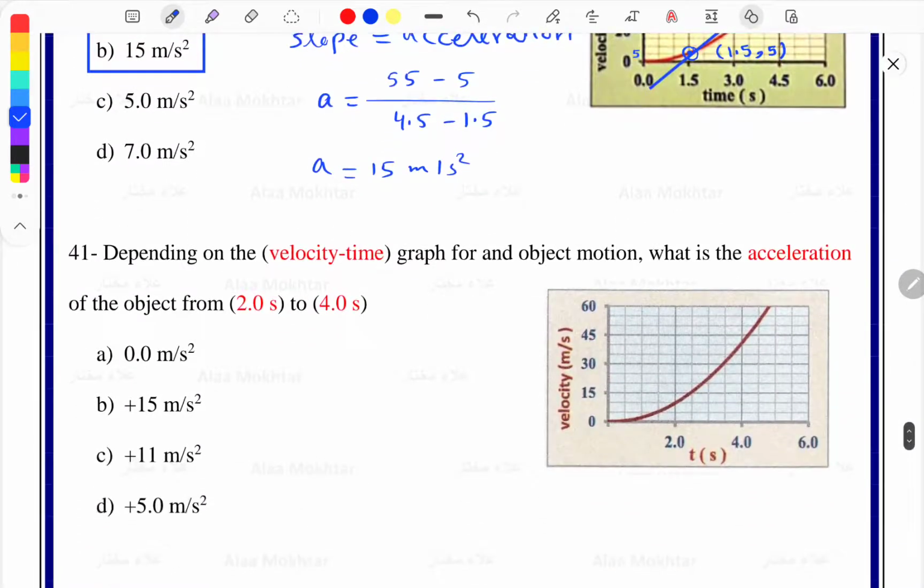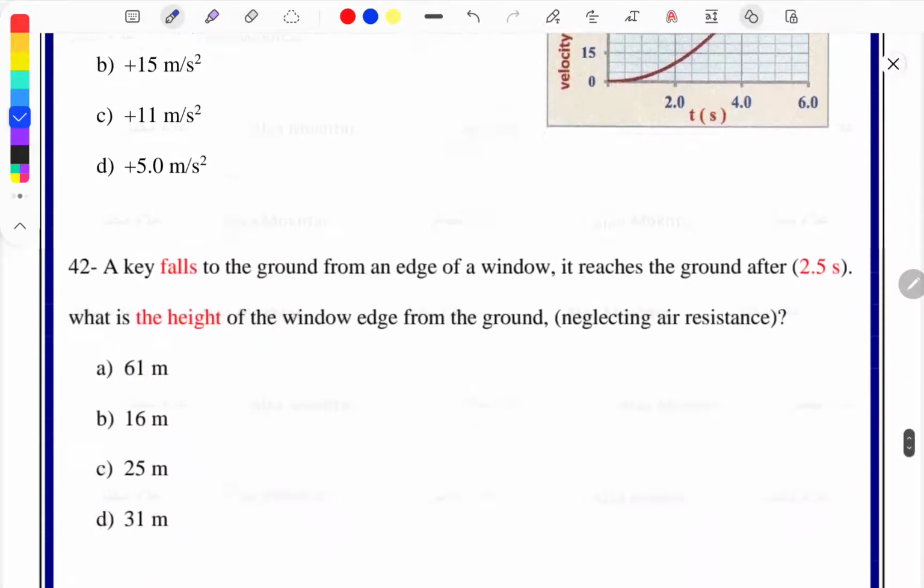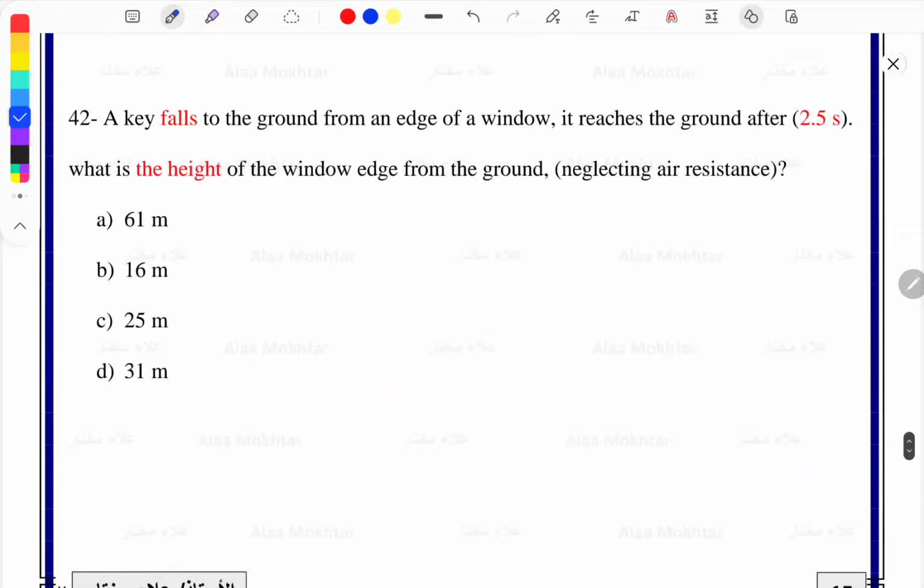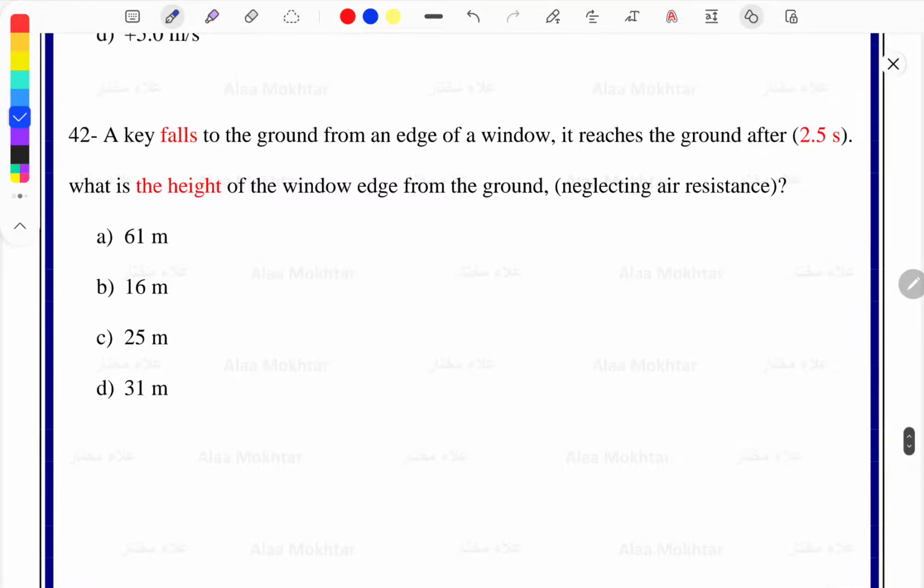The same question but with different numbers, you can do it yourself. A key falls to the ground from the edge of a window. It reached the ground after 2.5 seconds. This is the time taken to reach the ground. What is the height of the window from the ground?